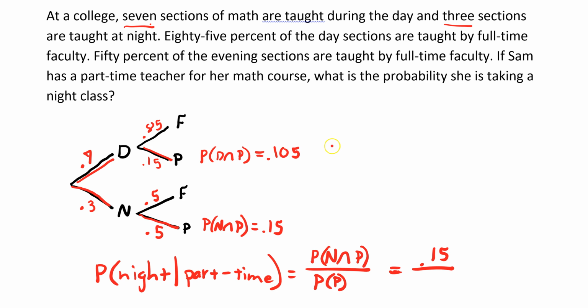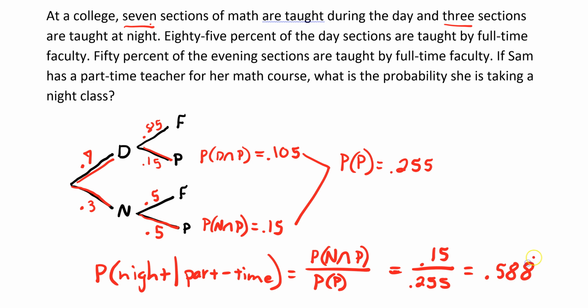Adding those together, I can find that the probability of part-time is equal to 0.255. Now I carry out the division and arrive at approximately 0.588. So there is close to a 60% chance that she is taking a night class.